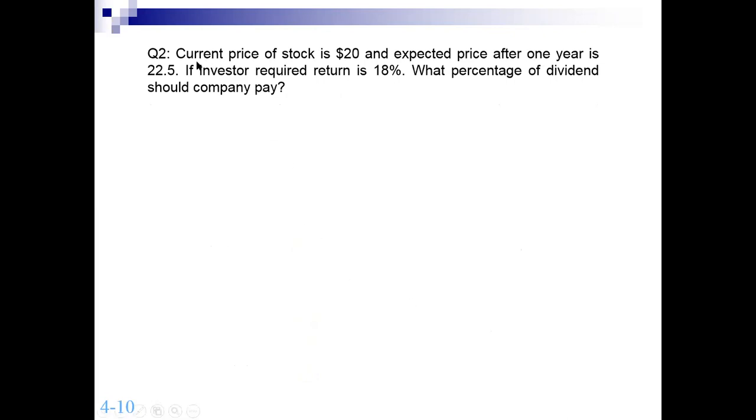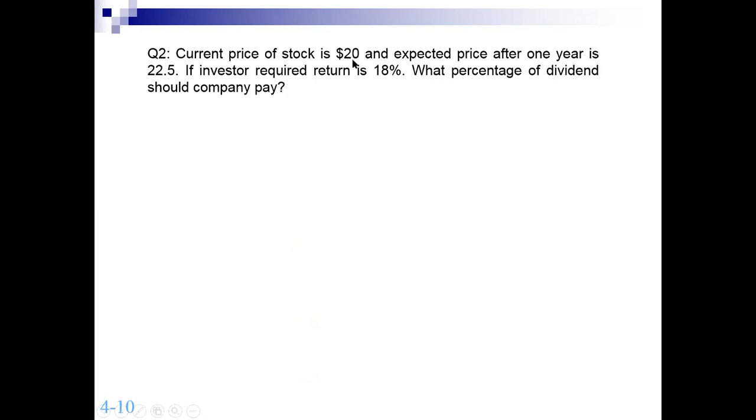Now, the current price of a stock is 20. So think, what should be the symbol for this current price of a stock? If you're not sure, go to the previous slides and see what term we can use for the current price. Expected price after 1 year is 22.5. Carefully see that we cannot put a single symbol for both prices.